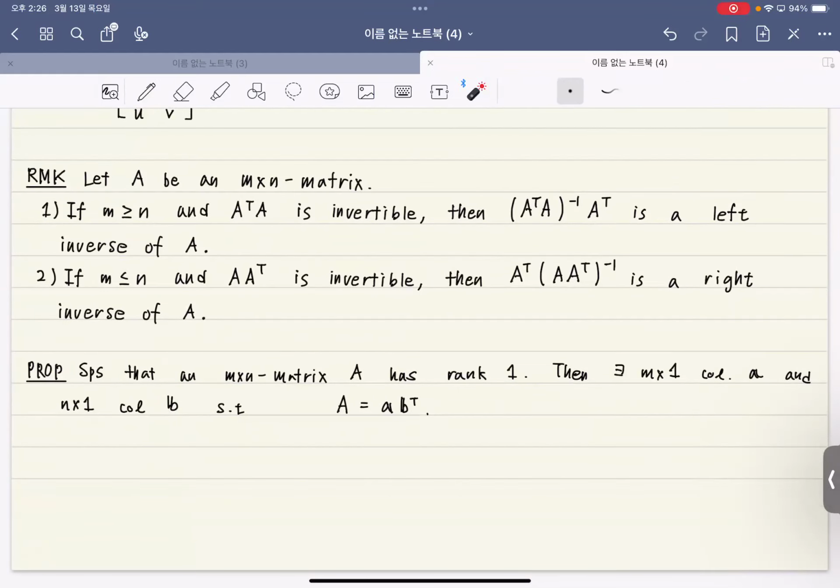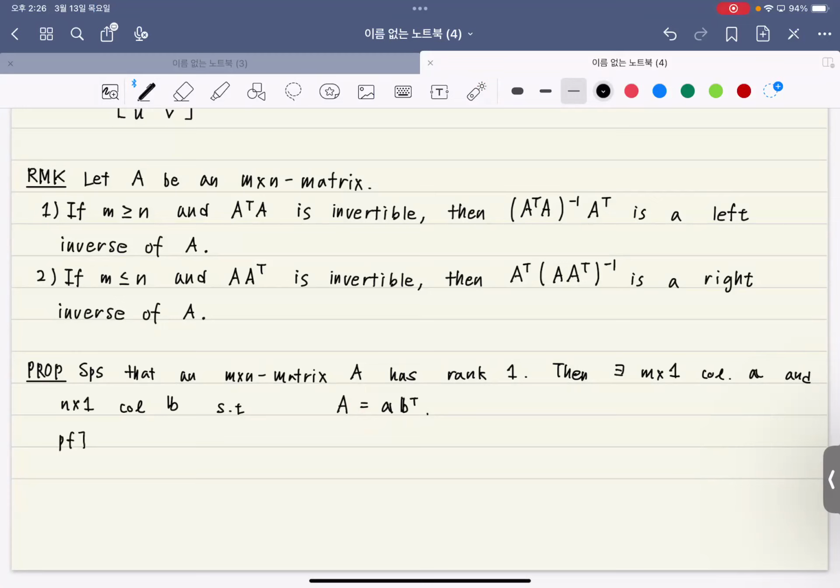Sorry, I just changed my mind. Okay, so let me check the dimension first. So this is m by 1, this is n by 1. If I take the transpose of B, it is going to be a row vector, which is 1 by n. So multiplying these two, I will get an m by n matrix. So dimension-wise, this is correct.